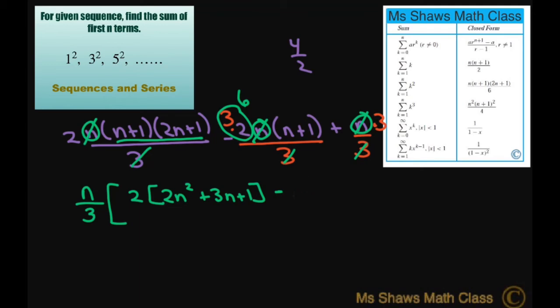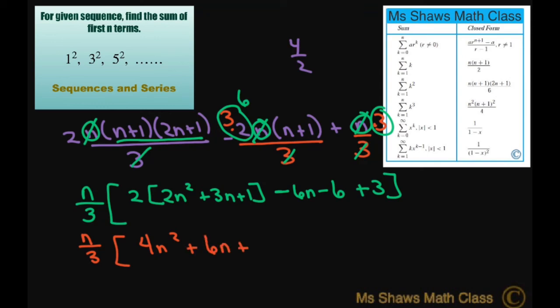That's going to be minus 6n and then minus 6. And then for this, we're just left with plus 3. All right. So we still have n divided by 3, and then we have 4n squared plus 6n plus 2. Then we have minus 6n minus 6 plus 3.